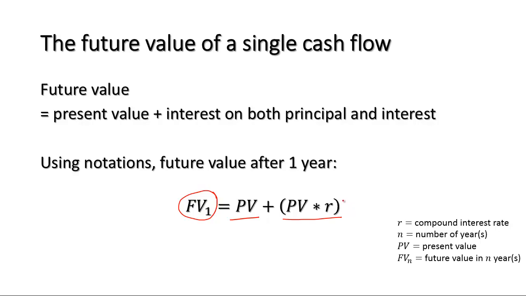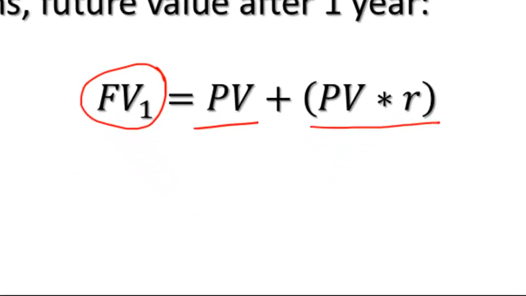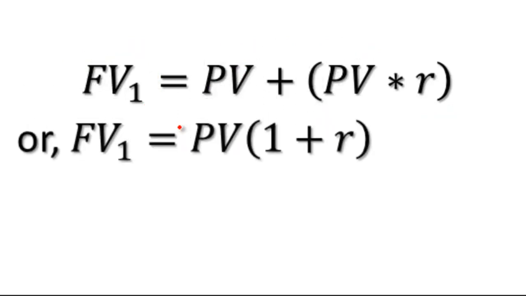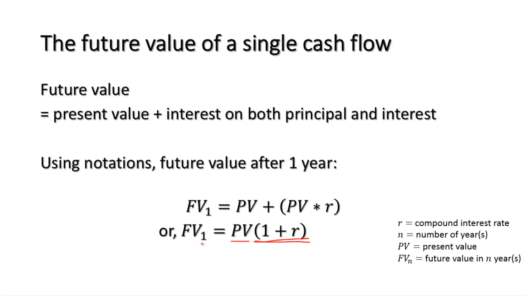If we look carefully, we have two PVs in this expression, which can be considered as a common factor. If we do that, then our expression becomes FV1 equals PV times (1 plus R). So we have to multiply the present value by 1 plus R to get the future value. So future value certainly will be a higher amount than the present value.